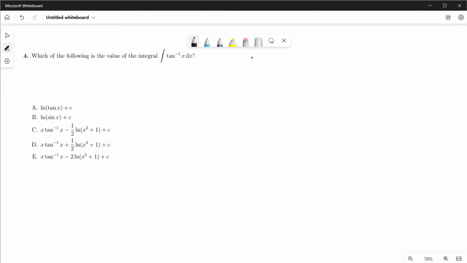But when I look at the answers, especially C, D, and E, I realize this is like an answer for an integration by parts question. And this is actually pretty sneaky because you can have by parts where you have one part, tangent negative 1, and the other part can actually just be 1 times 1, right? Now we have a pretty good by parts.